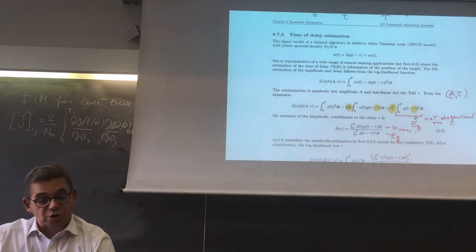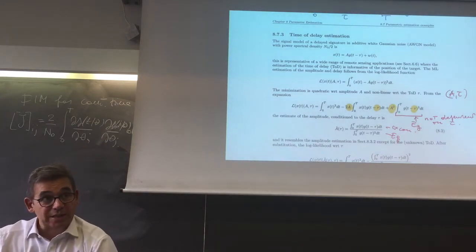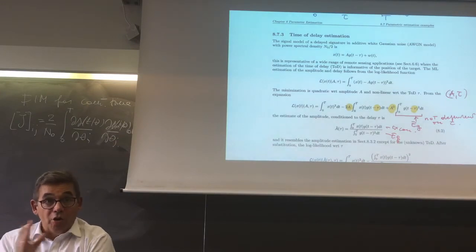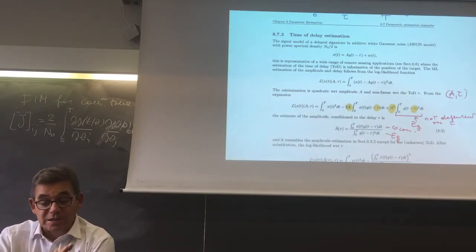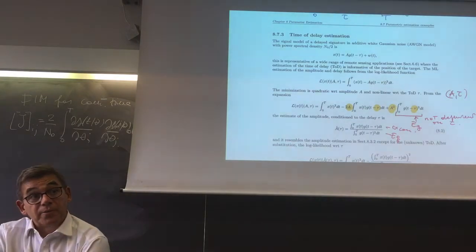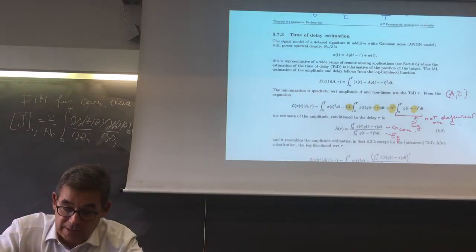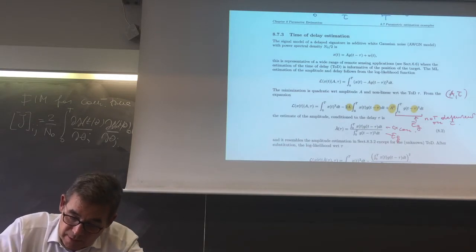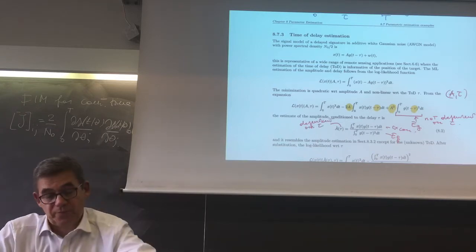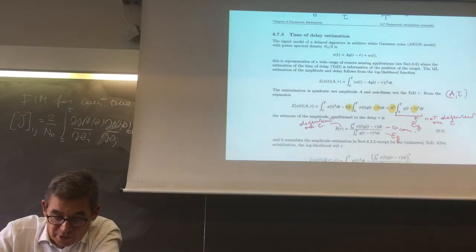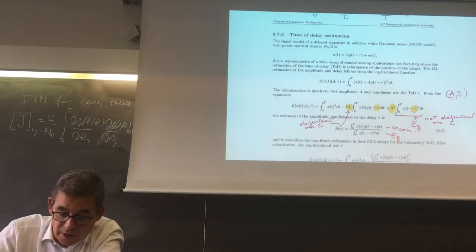It is the cross correlation of the data, the signal, with respect to the waveform. I am assuming that I know the delay, so this amplitude is dependent on tau.